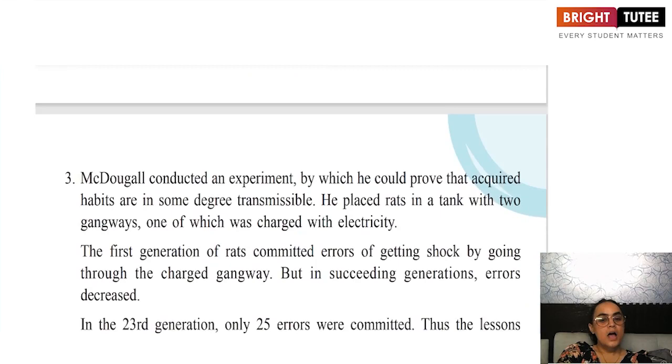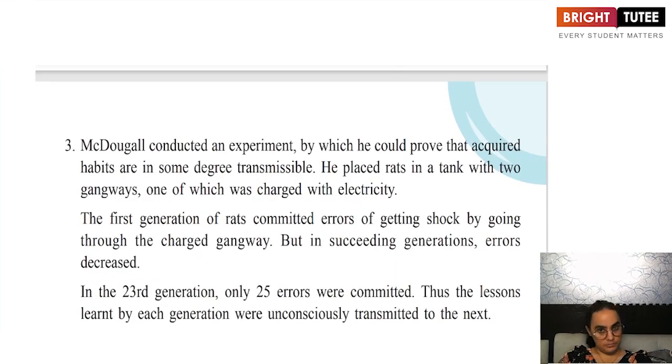Okay. According to McDougall, who conducted an experiment, he proved with the help of his experiment that only a few of the habits were transmissible. Not everything that we are today has been transmitted to us by our parents. Only a few of it has been transferred to us.